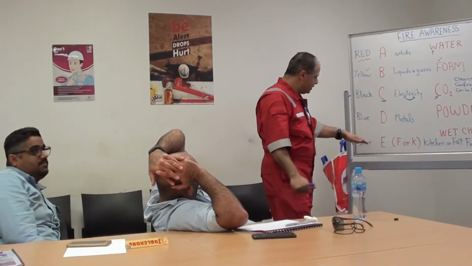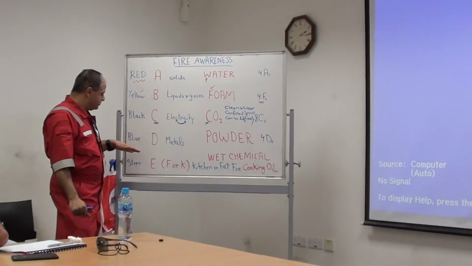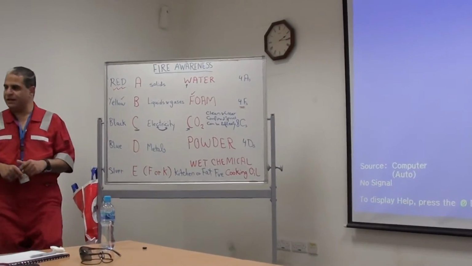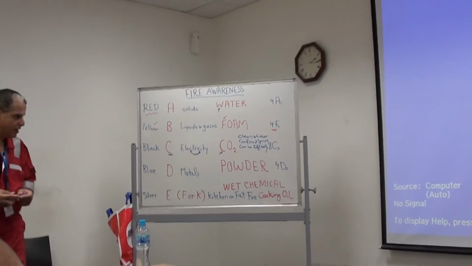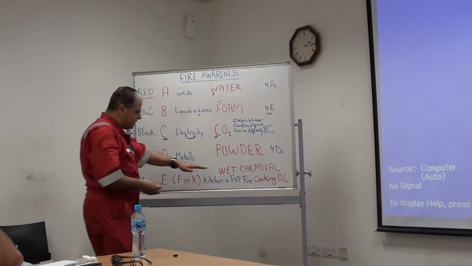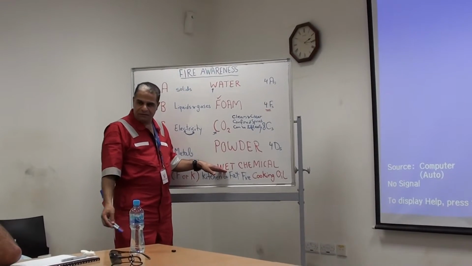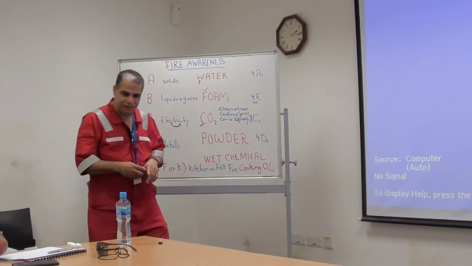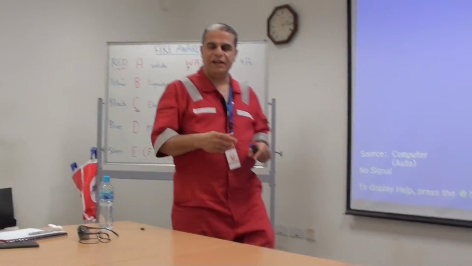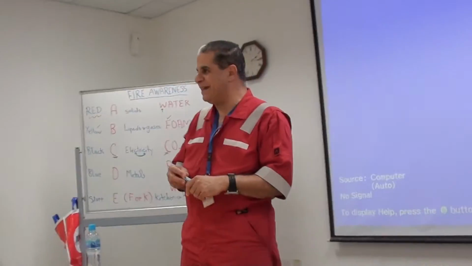Let's go now to class F. Class F, or K in the kitchen. The cooking oil. We use the wet chemical. Why is this wet? Because the dry chemical is the dry powder. This is the wet chemical. Wet chemical is actually a potassium salt, potassium acetate.